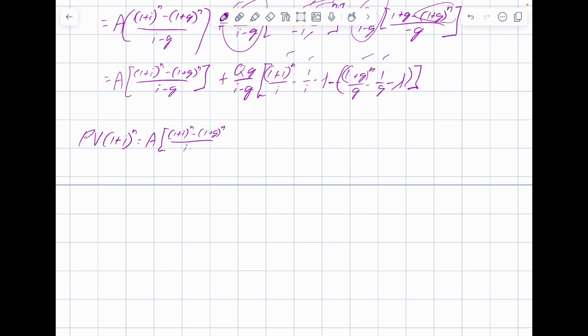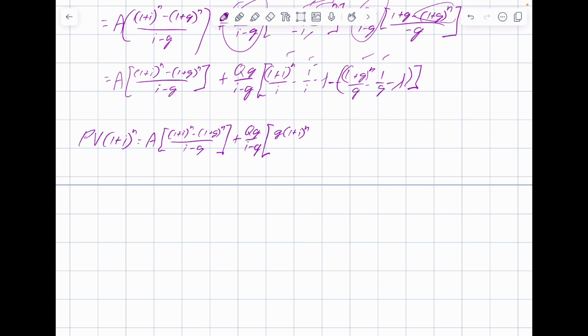It's 1 plus g to the n over I minus g. This would be plus qg over I minus g. So multiply this first term by g. This would become g 1 plus I to the n.